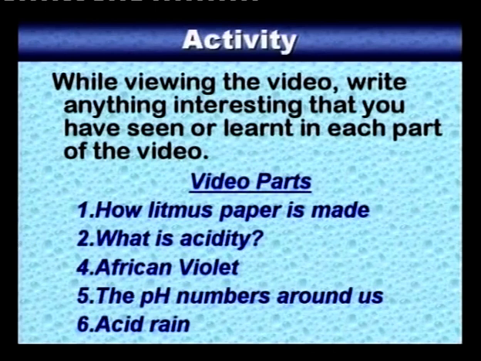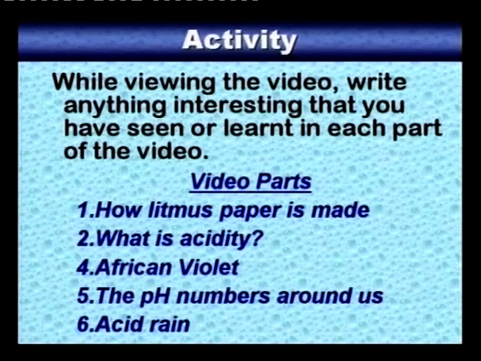All right, let's have a look at what we have gone through. You were told to write anything interesting that you have seen or watched. The video was in six parts: how litmus paper is made, what is acidity, African violet, the pH numbers around us, and the last one was acid rain and morning glory blossoms.